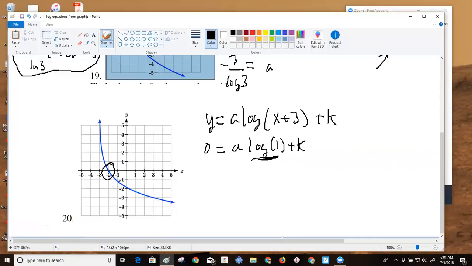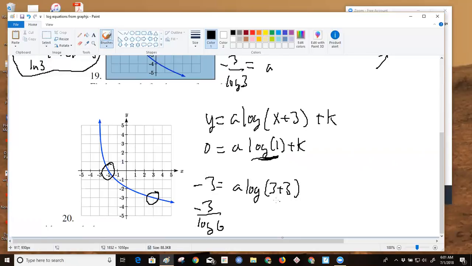And then let's find another point. Let's see, another lattice point. That's looking like a lattice point to me. So what's that, 3, negative 3? So I know that negative 3 equals a times the log of 3 plus 3. And I know k is 0. So won't that become negative 3 over the log of 6?